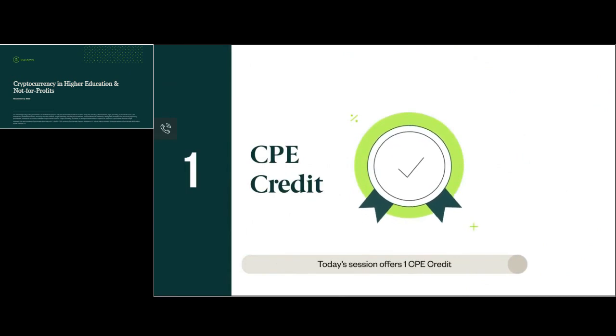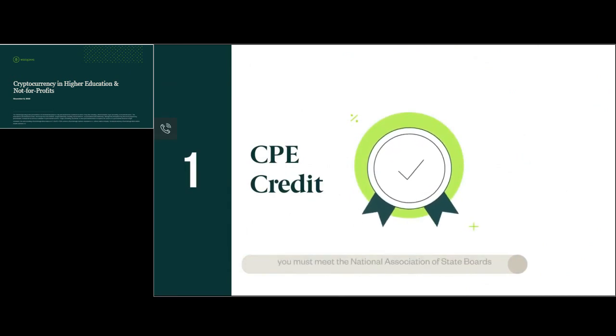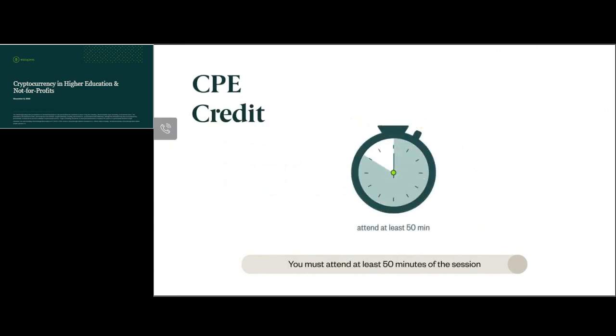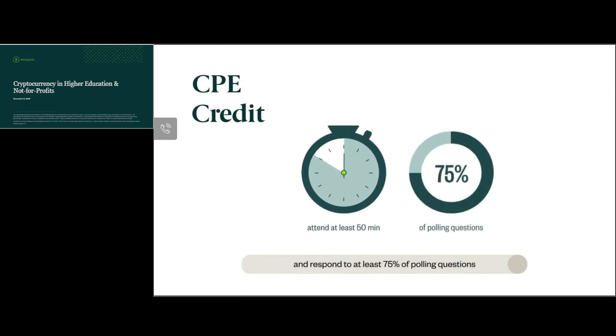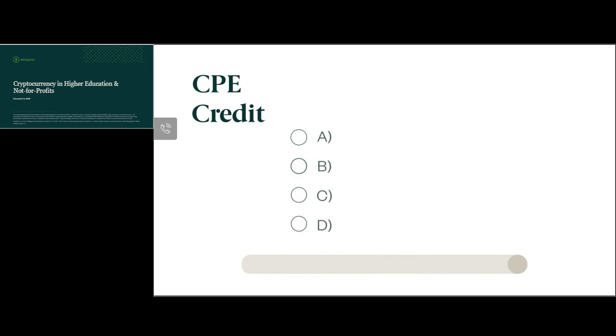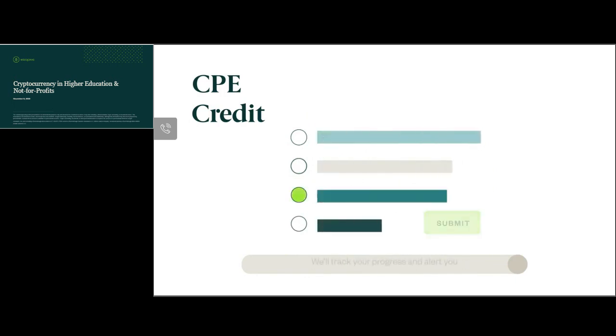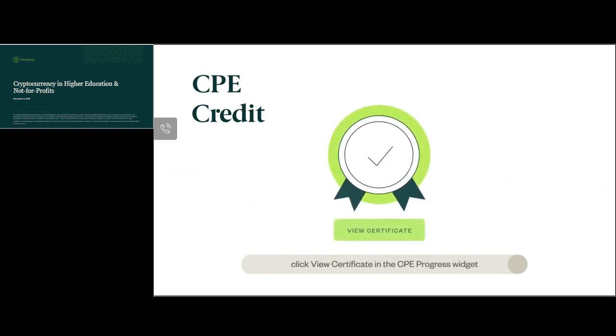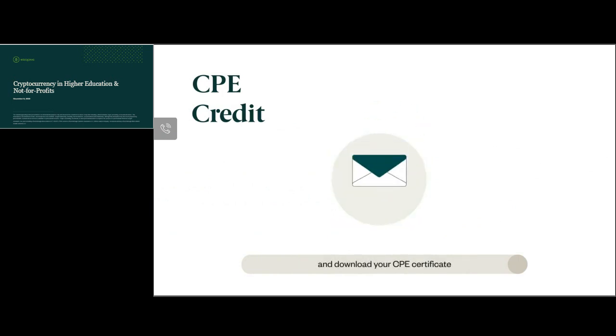Today's session offers 1 CPE credit. To receive credit, you must meet the National Association of State Boards of Accountancy requirements. You must attend at least 50 minutes of the session and respond to at least 75% of polling questions. To participate in the polls, please check the button next to your answer within the slide window and click Submit. We'll track your progress and alert you when you've earned CPE credit. You can then click the certificate icon in the CPE Progress widget and download your CPE certificate.